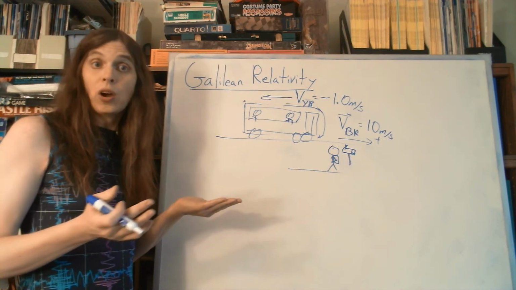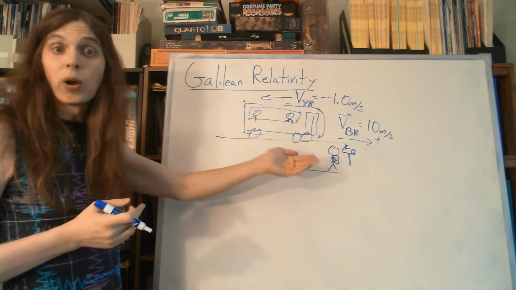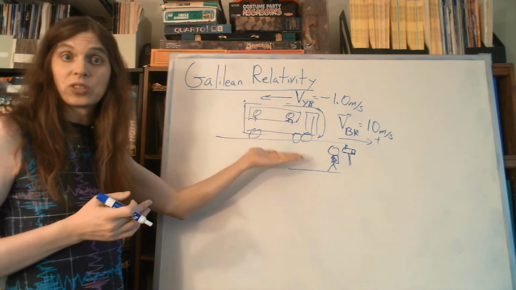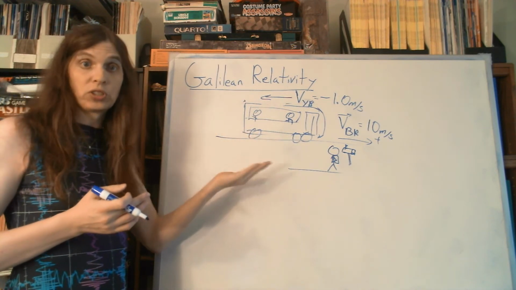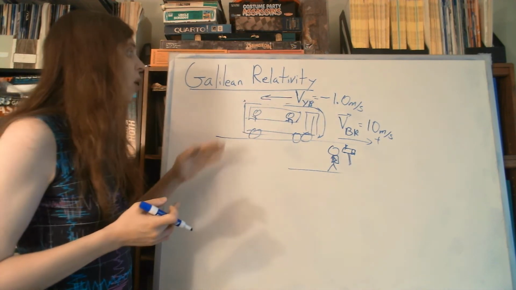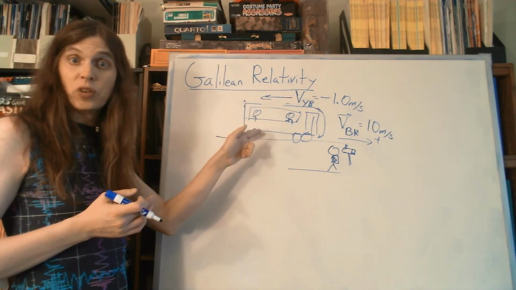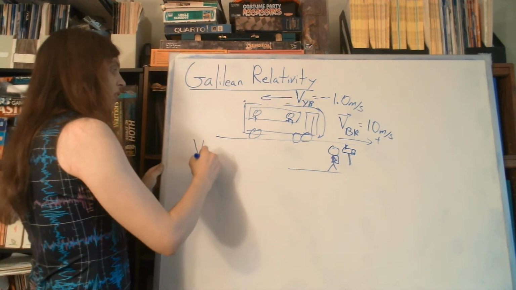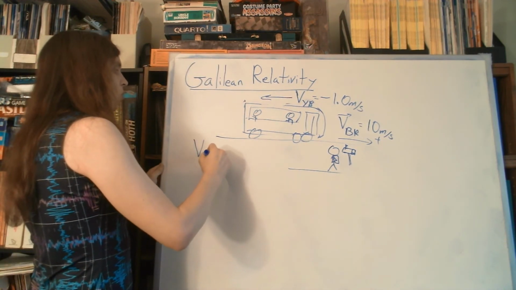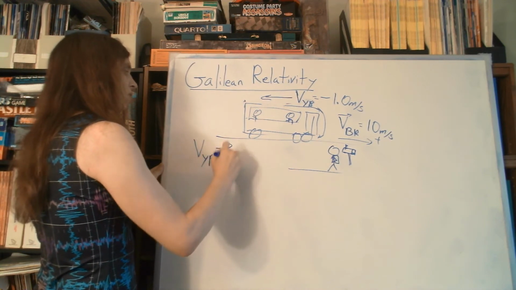So we want to know, well, if this person by the side of the road, who is at rest relative to the road, motionless in the road's frame of reference, what velocity do they observe the person in the bus moving relative to the road? Velocity of, let's say, u relative to the road is what?